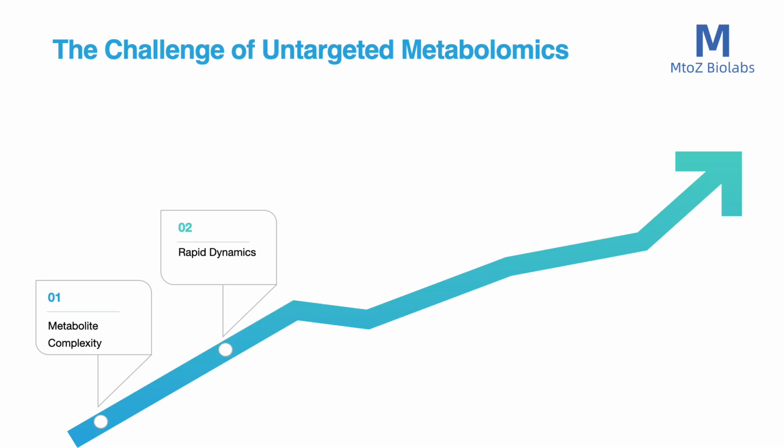Metabolites also show rapid dynamics. Their concentrations can shift instantly in response to environment, diet, or disease states, making them difficult to capture consistently. The concentration range is vast, as abundant and trace-level metabolites coexist in the same sample, complicating the detection of low-abundance compounds.